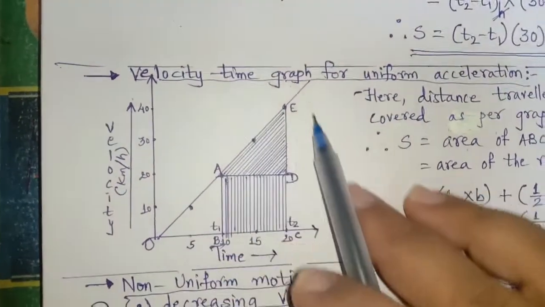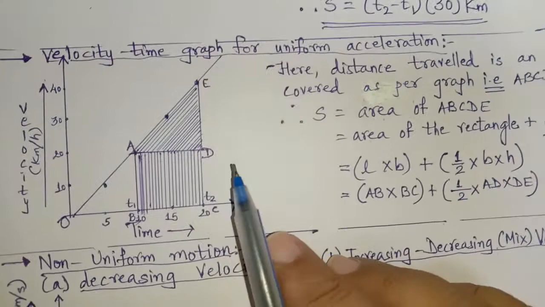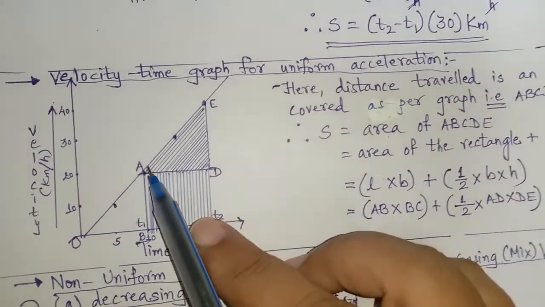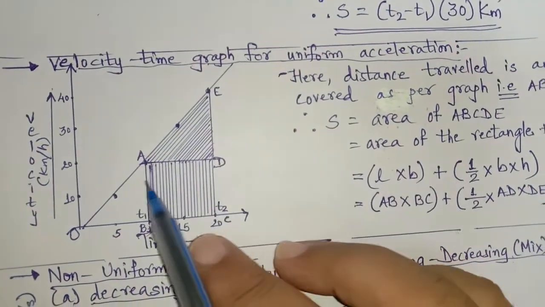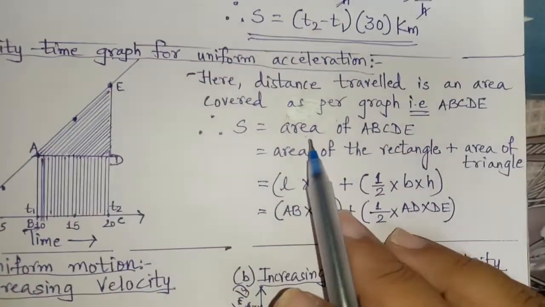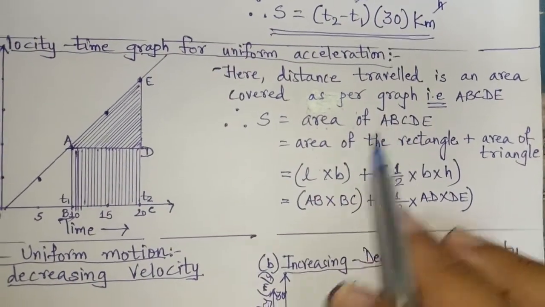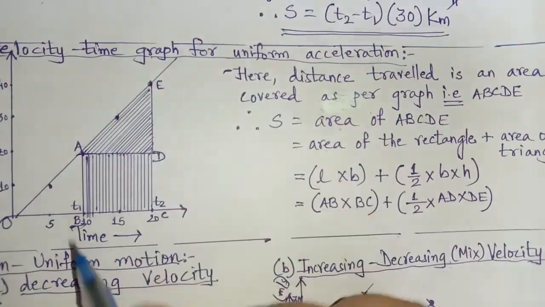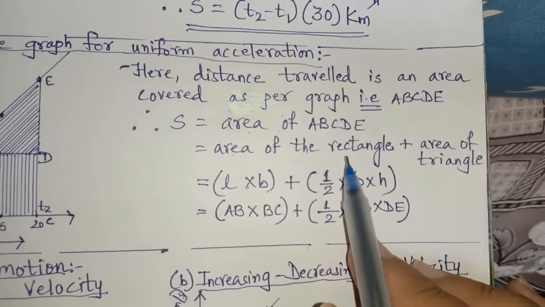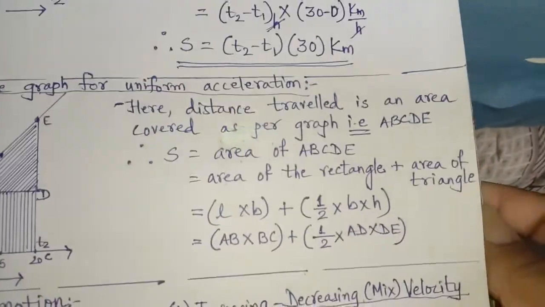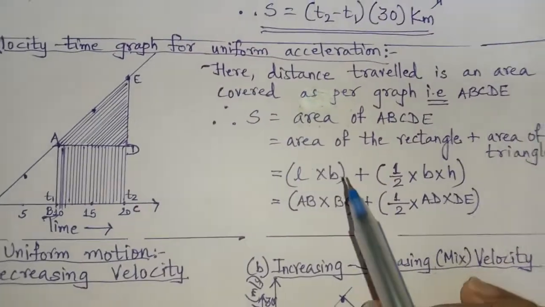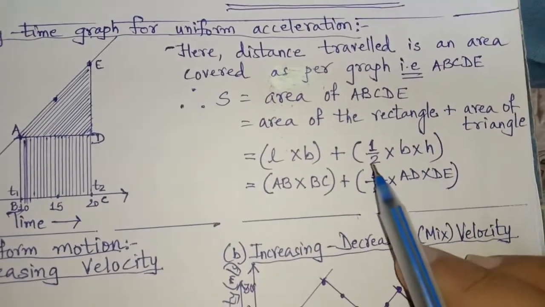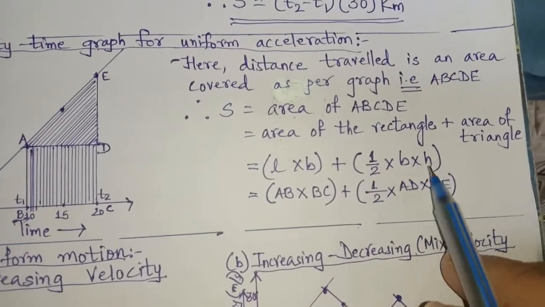And from this graph also we can calculate the distance travelled. Initially it is this portion, a rectangle, and finally it is a triangle. So the area of trapezium ABCD is separated into a rectangle and a triangle. Rectangle is length into breadth, and the formula of a triangle is 1/2 base into height.